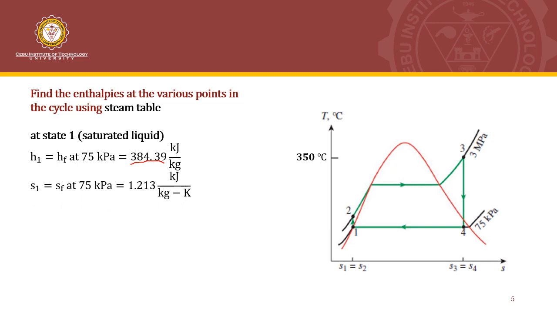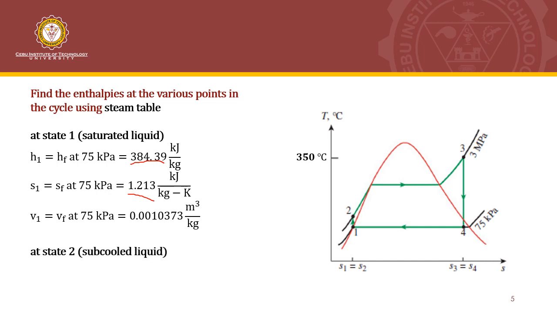We also need to find S1 because it will help us in finding S2, because they will be the same. S1 can be computed using the same procedure, that is the entropy of the liquid at 75 kilopascal using the steam table, and that is 1.213 kilojoules per kilogram Kelvin. Also, we will get the specific volume at point 1, and that is vf at 75 kilopascal, equivalent to 0.0010373 cubic meter per kilogram. So that's the specific volume.